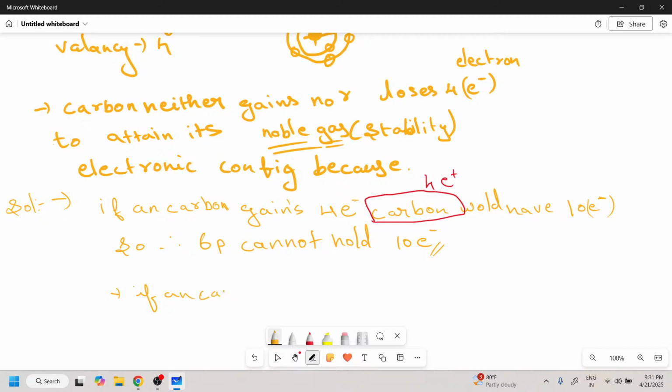If a carbon loses 4 electrons, or 4 plus E minus. So just remember, 4 plus E minus stands for losing the electron. So if a carbon loses 4 electrons, what do you think will happen?